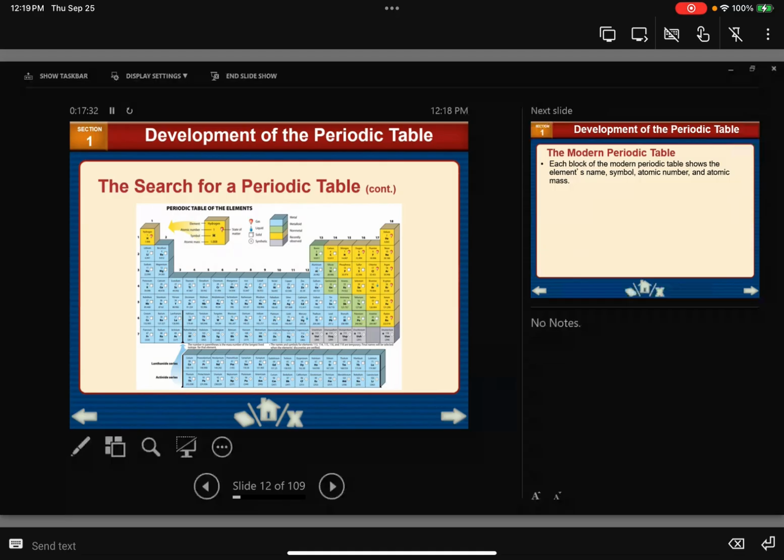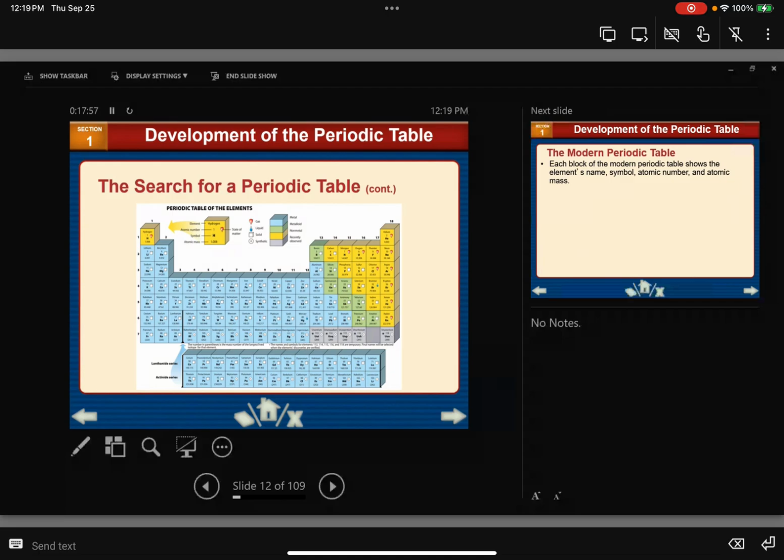So by flipping them around by their increasing atomic number, which is the number of protons, it made more sense because tellurium shares some properties with oxygen, sulfur, selenium, polonium, and livermorium. And iodine shares properties with fluorine, chlorine, bromine, and astatine.